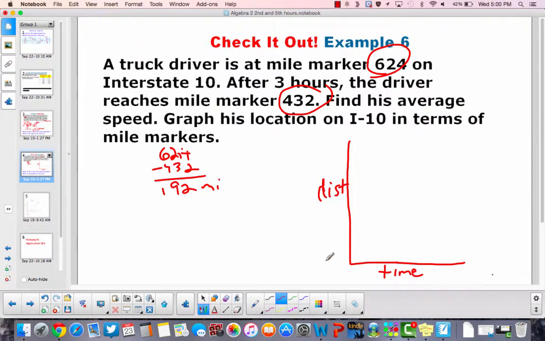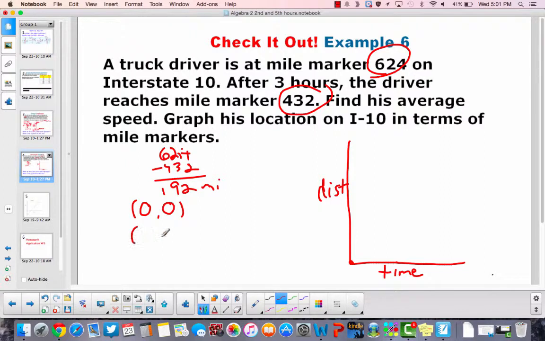When we think about starting, how far has he traveled when he first starts? He has traveled 0 miles. How long has he traveled when he first starts? He has traveled 0 hours. And so his starting point is 0, 0.